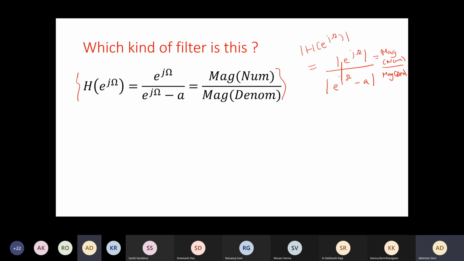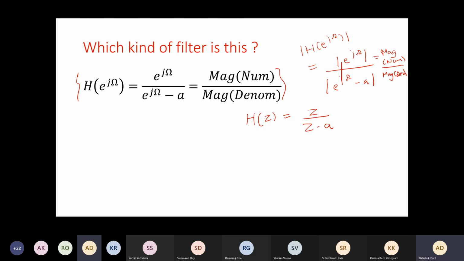Okay. So again, understand what we have to find out to find the kind of filter. It's the magnitude of the frequency response, which is the magnitude of the numerator divided by the magnitude of the denominator. Now, for a moment, instead of H(e^jω), think about its Z transform. If I write it in terms of the Z transform, it would be this.